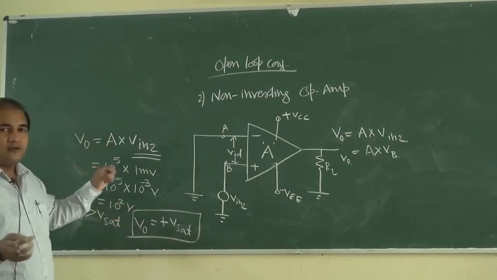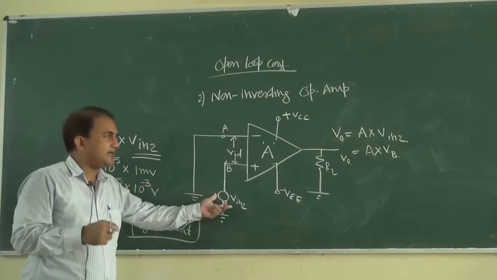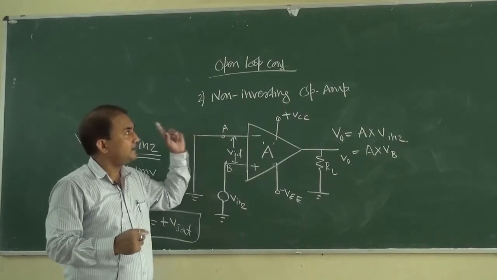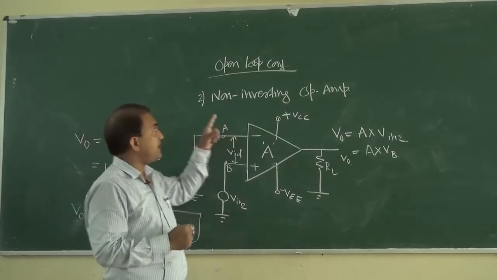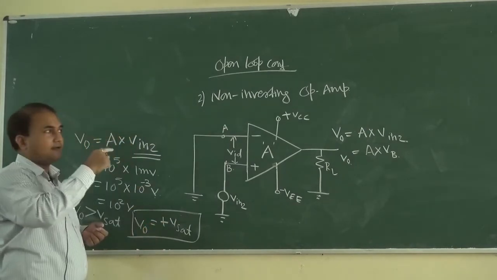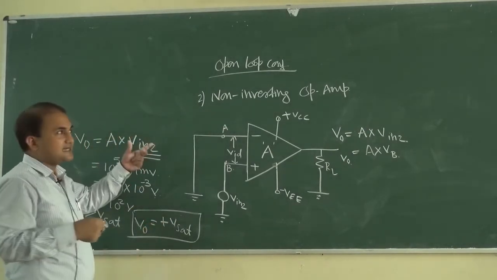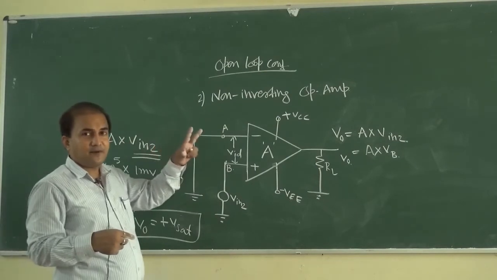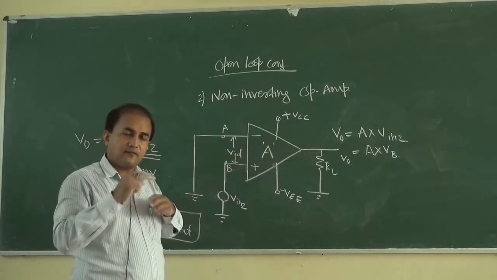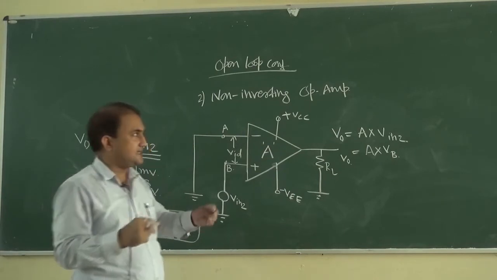Okay, so for a very small input voltage, V output goes to plus Vsat in case of non-inverting operational amplifier in open loop configuration. In case of inverting operational amplifier, what we have seen in the first case, V output goes to minus Vsat for a very small input voltage.